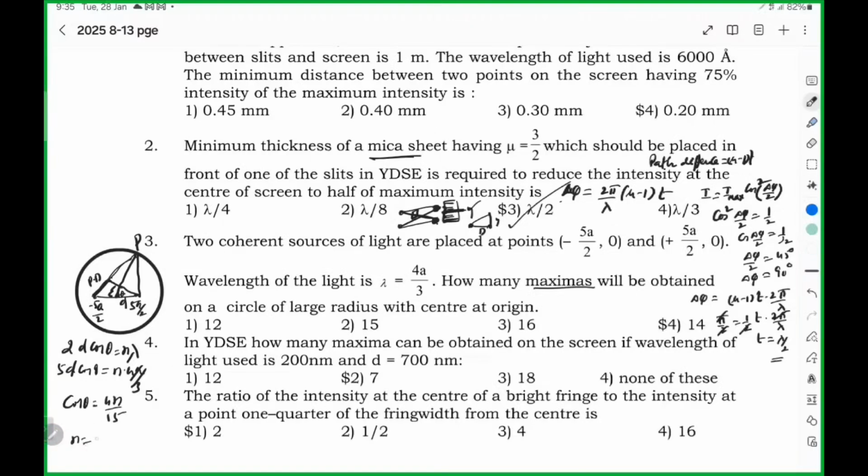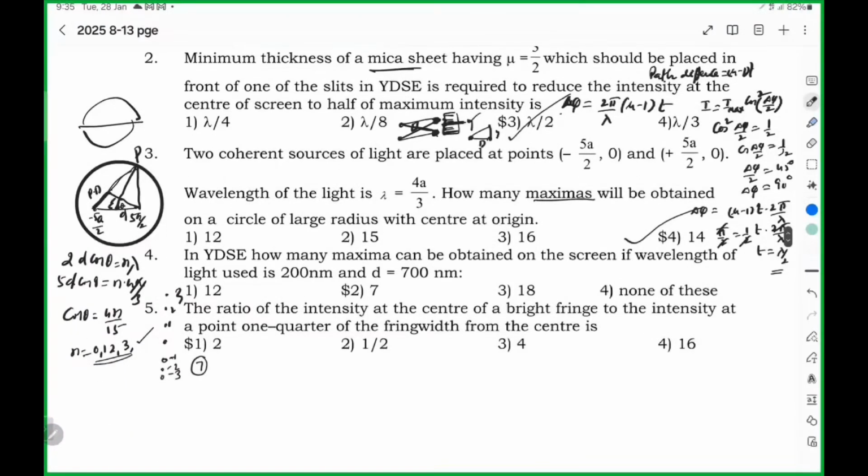So for n equal to 0, 1, 2, 3, you get bright fringes. Obviously, once you get bright fringes on this side, here also, minus 1, minus 2, minus 3. Here also you get a total of 7 fringes in a semicircle. Another 7, so total 14 maximas will be obtained on a circle of radius with center at the origin.